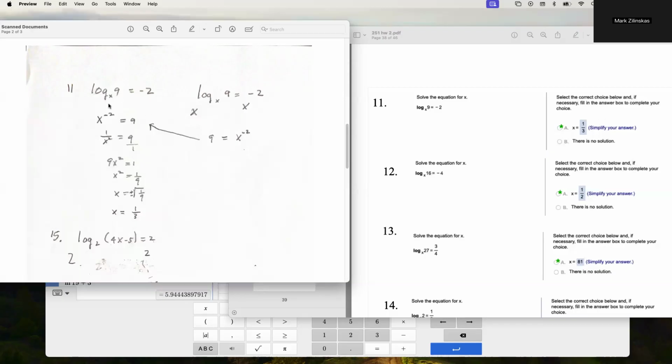So for this particular one, since the base is x, we can either take the exponential base x of both sides, because those are inverse functions and these cancel each other out. So we'll just be left with 9, and this is just x to the negative 2 power. Or we can go back to the definition and say x to the negative 2 is equal to 9. Both of those end at the same place.